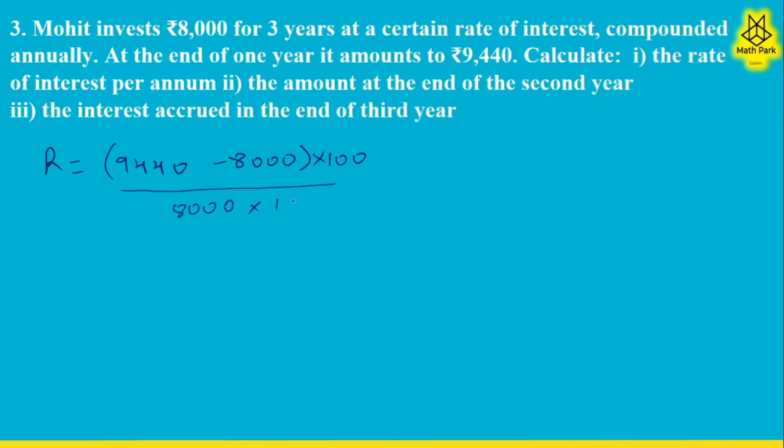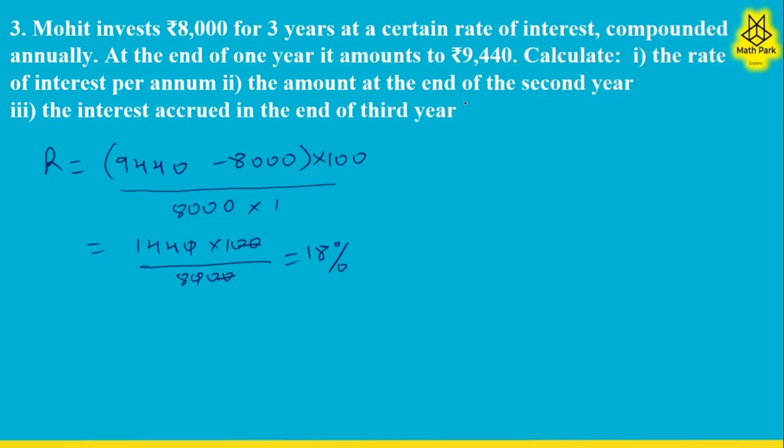The difference is 1440 times 100 upon 8,000. So the zeros get cancelled. 144 when you divide by 8, you get 18%. This is how we calculate the rate of interest. So the first part is done.